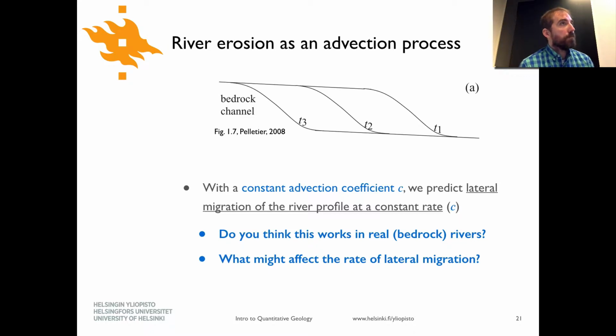Yeah, so, right, the bedrock erodibility, that's a good one. Yeah, like the base level. Yeah, absolutely. Water flow rate. Yeah, so that's a big one, right?